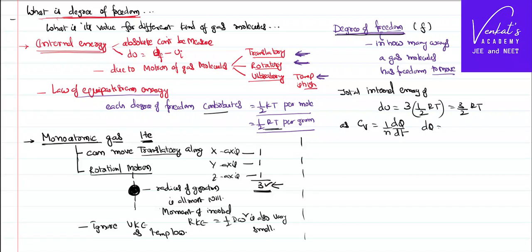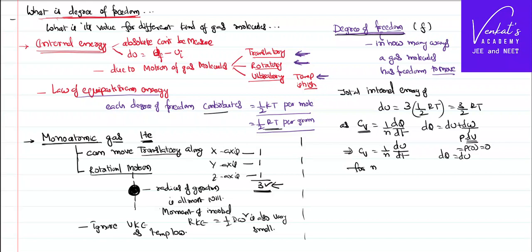We know dq, first law of thermodynamics, du plus dw. But specific heat of a gas at constant volume means dw equal to actually pdv. But you are keeping the volume constant, so dv equal to 0. So dq equal to du itself. We have done all this in the earlier case also in thermodynamics. I'm just telling here also for the sake of completion.